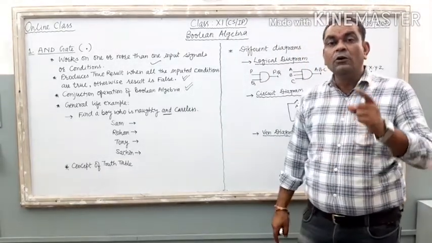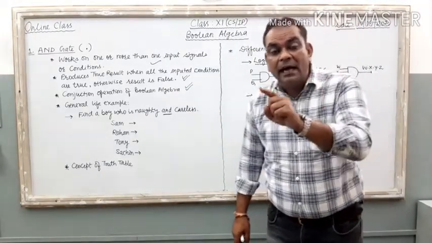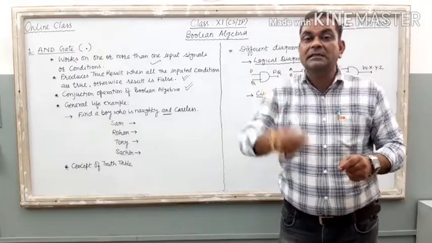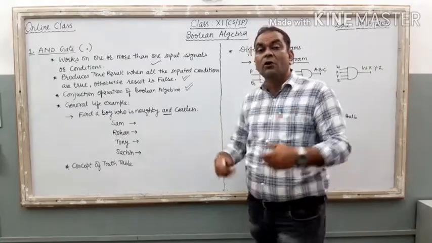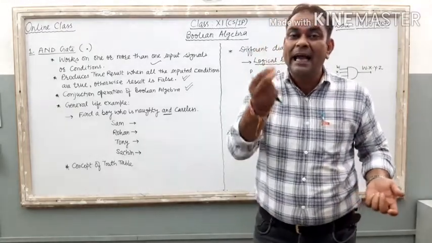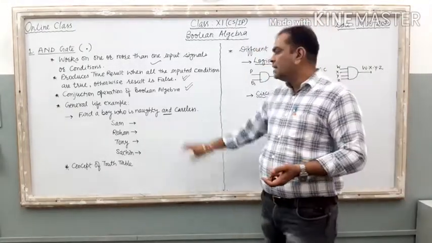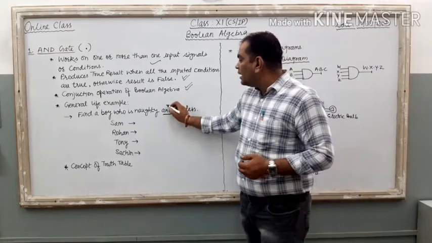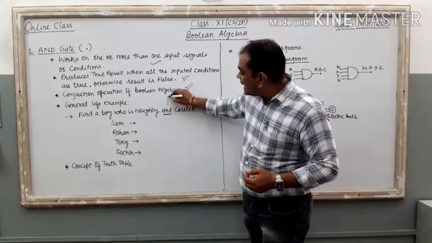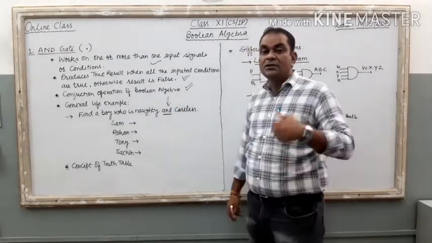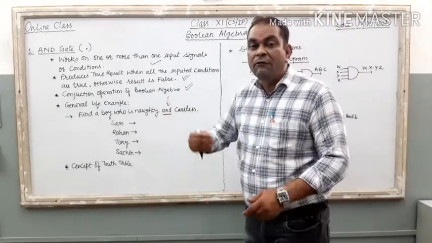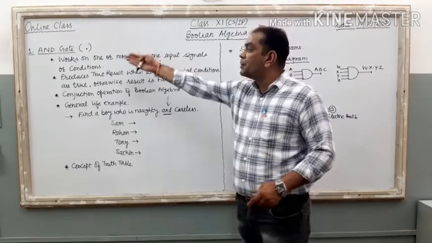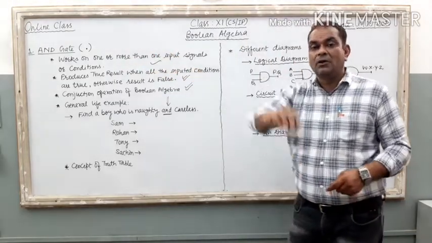Find a boy who is naughty as well as careless, or we can say find a boy who is naughty and careless. Right? This is the example, and it is the same as in our general English, and the operation of this line reflects the same operation of the AND gate in digital electronics.